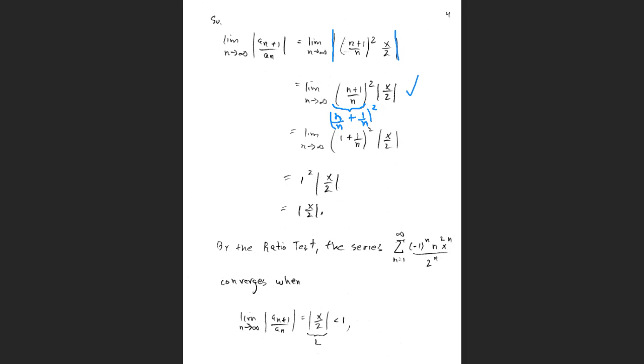And that gets you 1 plus 1 over n squared. As n goes to infinity, 1 plus 1 over n goes to 1. So you get 1 squared times the absolute value of x over 2, which is the absolute value of x over 2.